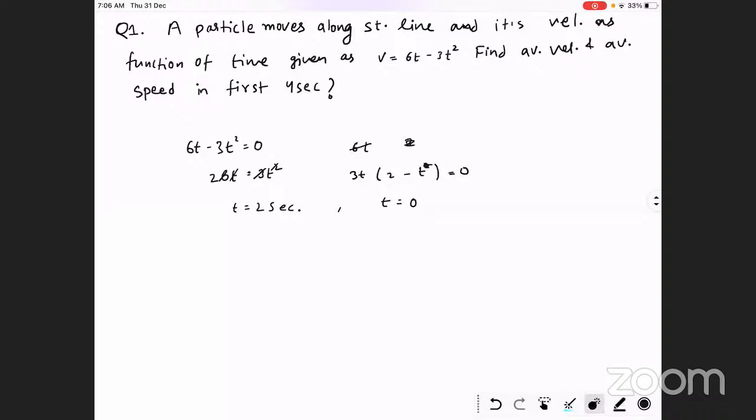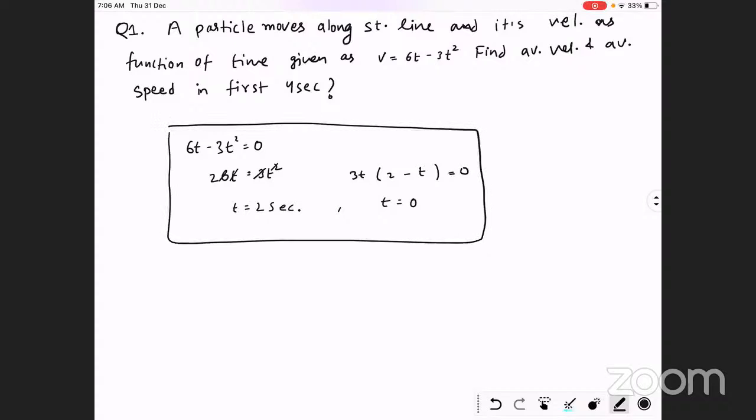Children, one thing is clear from this: velocity is 0 at t equal to 2 seconds. Am I right? Yes, sir. It means at t equal to 2 second velocity is 0. If t is greater than 2, then velocity is negative. See, velocity is positive when t is less than 2 second, and velocity is negative when t is greater than 2 second.